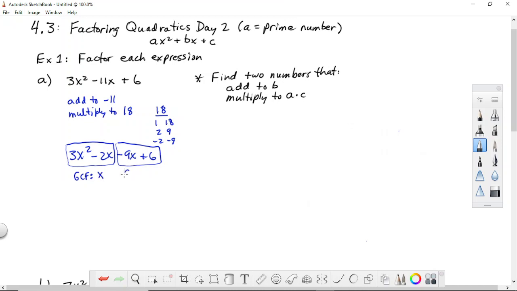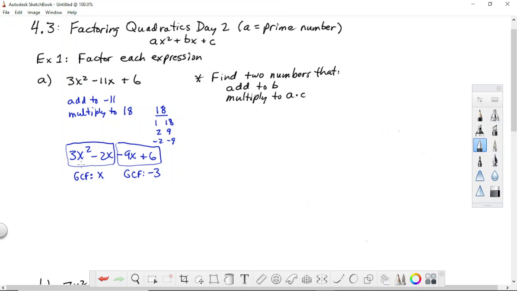Okay, and then let's look at the greatest common factor of this one. And that is negative 3. We cannot factor out an x from both of those. 6 doesn't have an x to factor out, but we look at the numbers and we can factor out negative 3. Okay, we could make that 3, and that would make a little more work later. If we pick the wrong number, we may have to go back and do it again. That is, if we used 3 instead of negative 3, then we would see that negative 3 is the one that actually works. So you'll see what I mean.